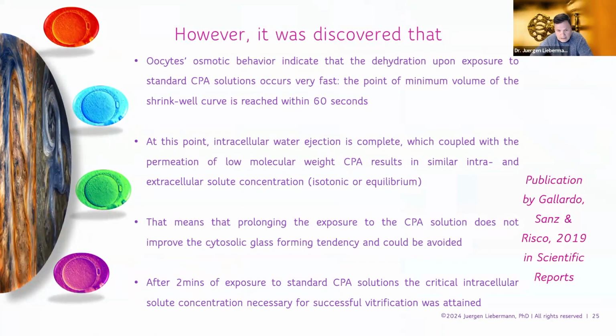At this point, intracellular water ejection is completed, which coupled with the permeation of low molecular weight cryoprotectant results in similar intra and extracellular solute concentration, what we will call isotonic. That means that prolonging the exposure to the cryoprotectant does not improve the cytosolic glass formation tendency and could be avoided. After 2 minutes of exposure to standard cryoprotectant, the critical intracellular solute concentration necessary for successful vitrification was attained.